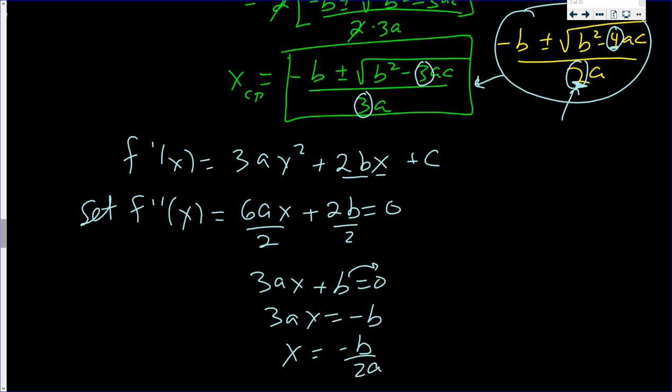Check this out. x equals negative b over 3a. When it comes to the min or max of a quadratic, it's x equals negative b over 2a. Well, once again, the 2 becomes a 3.